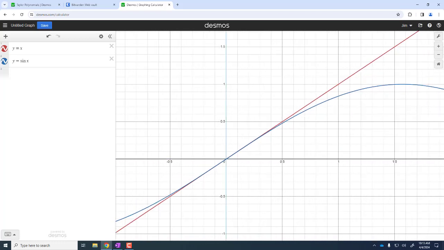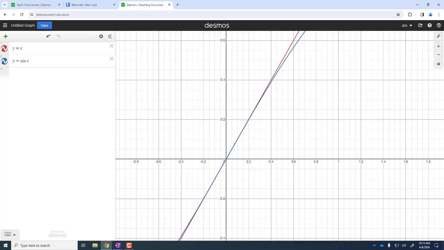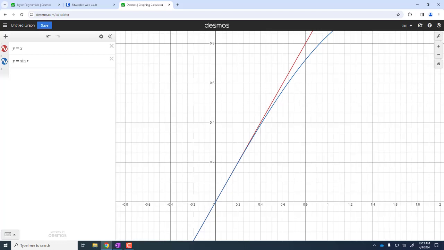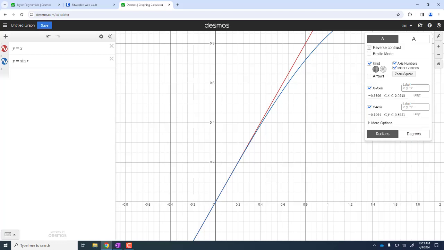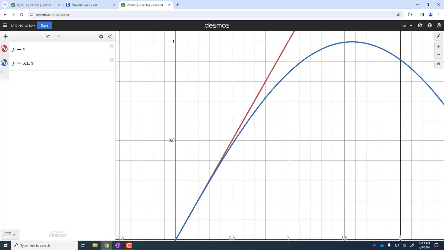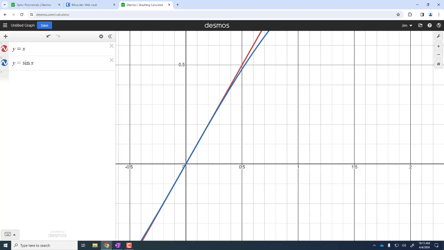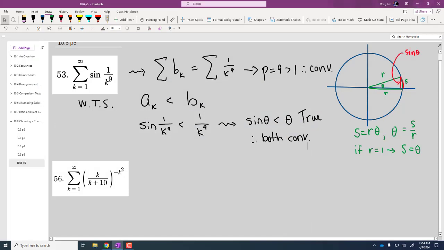You can see that the blue one is sine of x, the other one is x. As you zoom in, there's always going to be a gap between them. As long as you're to the right of the y-axis, the red one, which is y equals x, is always a little bit bigger than sine. So you can show it geometrically that that's going to be true.